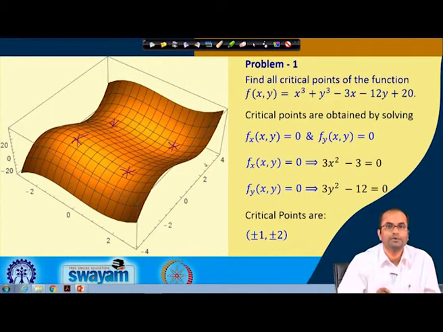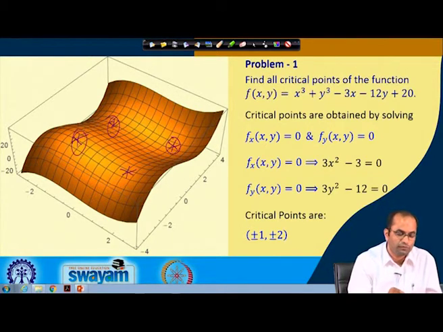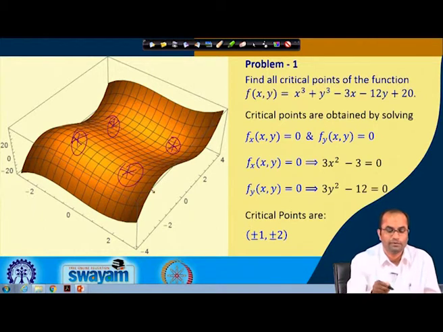So, all these 4 points are the critical points. The function's derivative with respect to x and with respect to y are both 0 at these points.